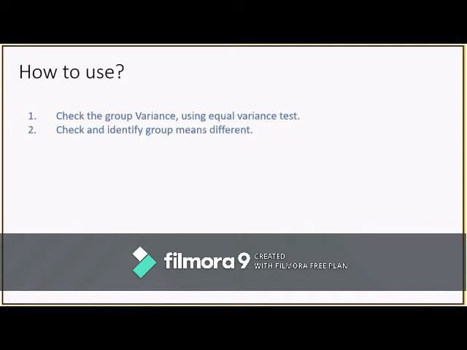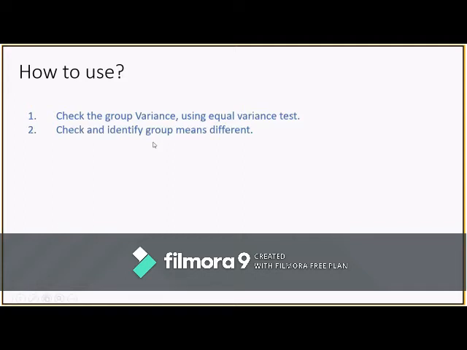Let's move on. How to use ANOVA? Now we are very clear on two things. If we have more than two categorical X values and a continuous Y value, we have to use ANOVA. The second thing is, if we are comparing shift A, shift B, shift C, vendor A, vendor B, vendor C, or more than two X's, then we have to use ANOVA. But there are some steps before doing the ANOVA.